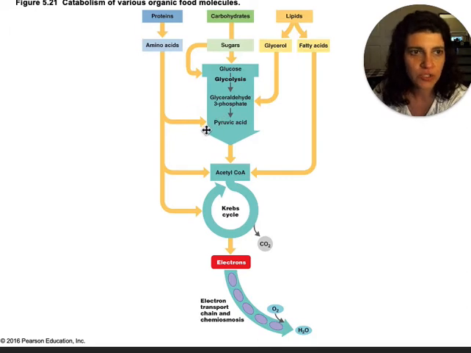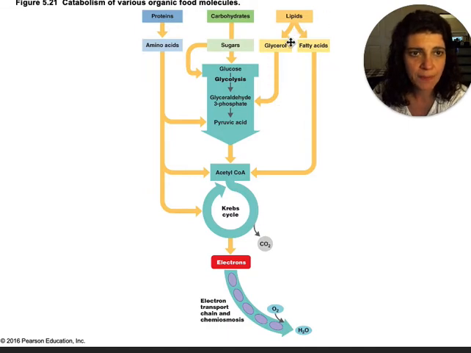You don't need to know the names, but amino acids can be broken down into substances that end up producing pyruvic acid or acetyl-CoA or some of the components of the Krebs cycle. Does it make sense? So you could use protein when you don't have carbohydrates, sugar, to generate energy because of this ability of the byproducts of protein degradation to produce byproducts from this metabolic pathway that is the aerobic respiration.